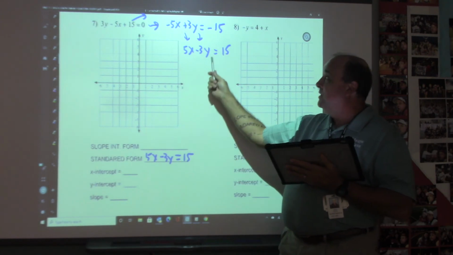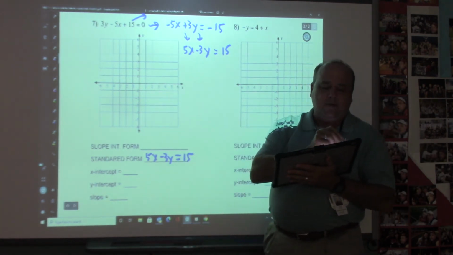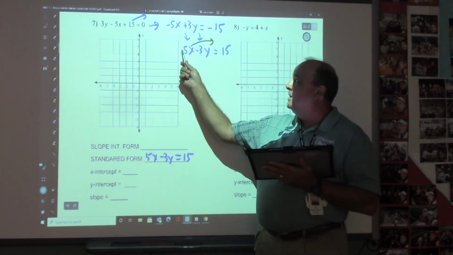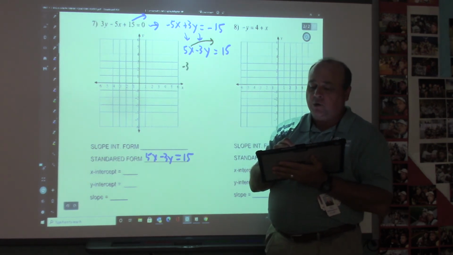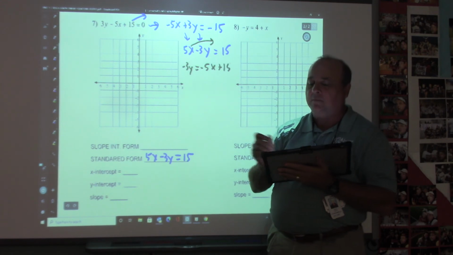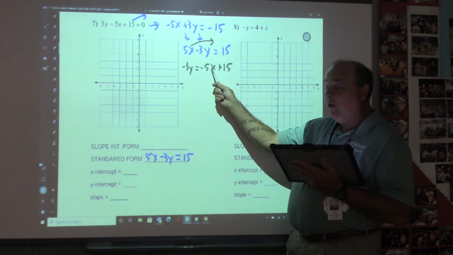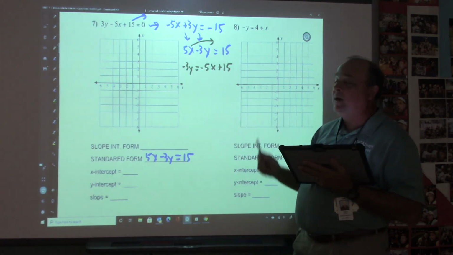Now then, to graph this line, you've got to turn it into mx plus b, don't you? So I've got to take the 5x and move it across, don't I? The positive 5x will turn into negative 5x when I move it across. So negative 3y equals negative 5x plus 15. Everyone with me? So I took the 5x, moved it into the middle on the other side of the equal sign, and the positive went from a positive to a negative.